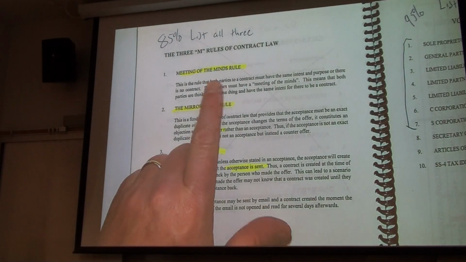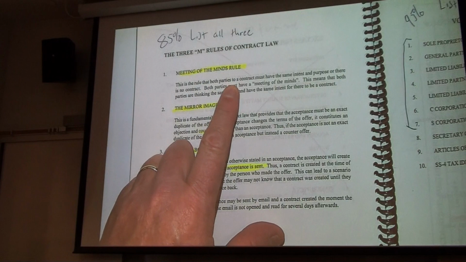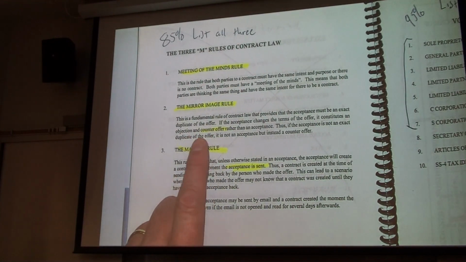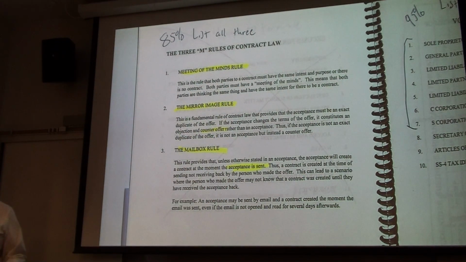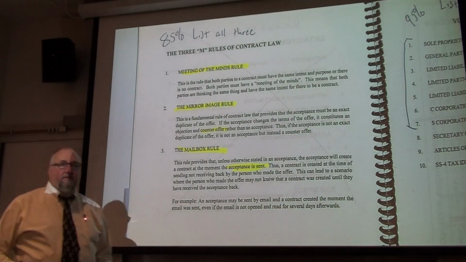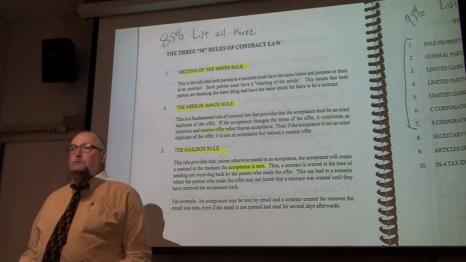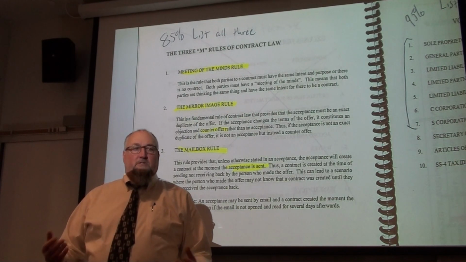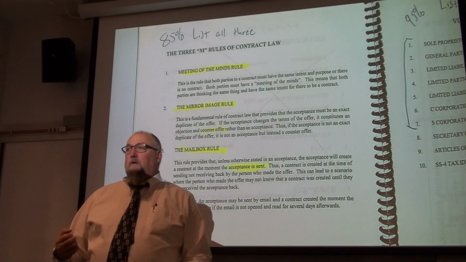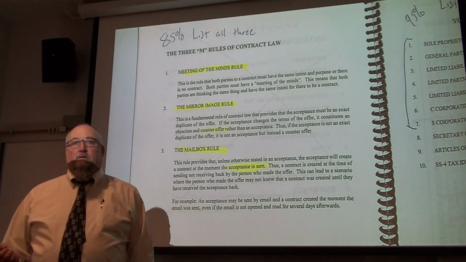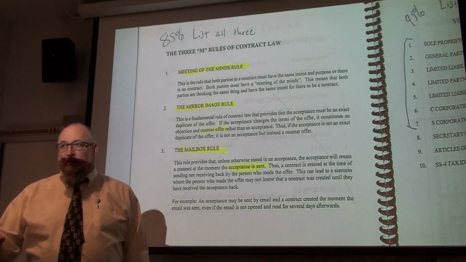Meeting of the minds, you must be thinking the same thing, have the same intent. Mirror image rule, the acceptance must be the exact duplicate of the offer itself. And then finally, we have the mailbox rule, which is the acceptance creates the contract upon sending.